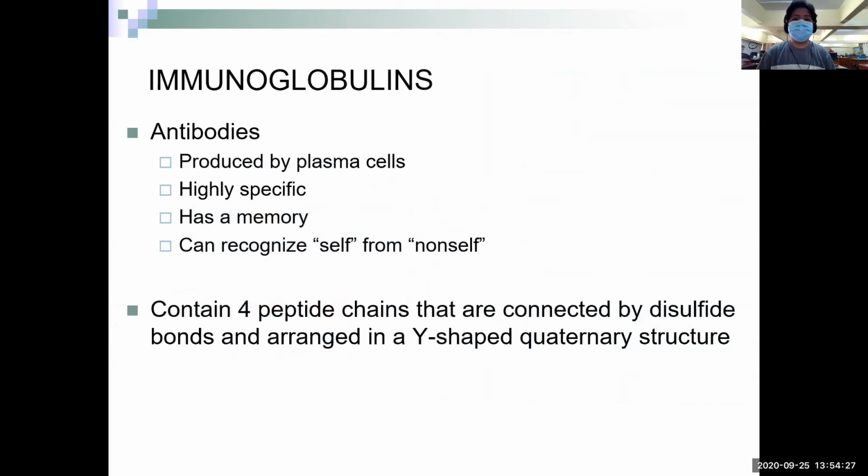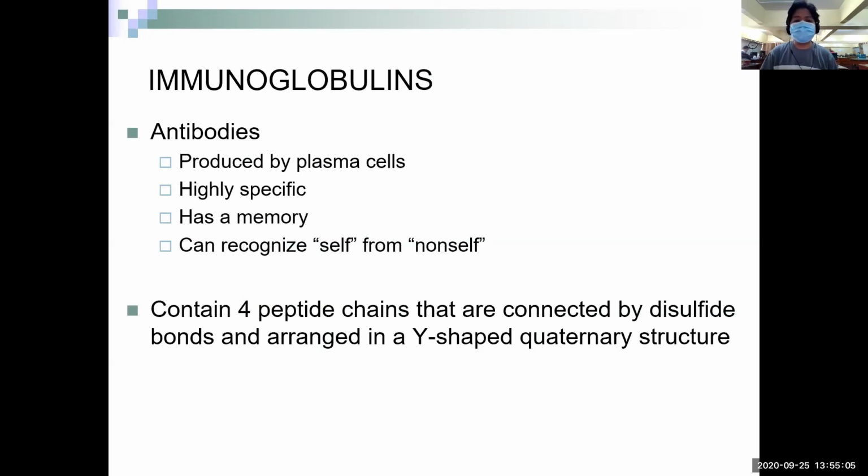Another example is immunoglobulins. Immunoglobulins are antibodies produced by the plasma cells or white blood cells. They are highly specific and have a memory, which means that if the body of a human is infected with a virus, for example, that was already introduced to the body, it can remember what action it took against that virus.